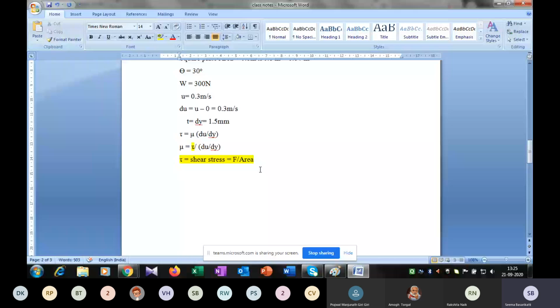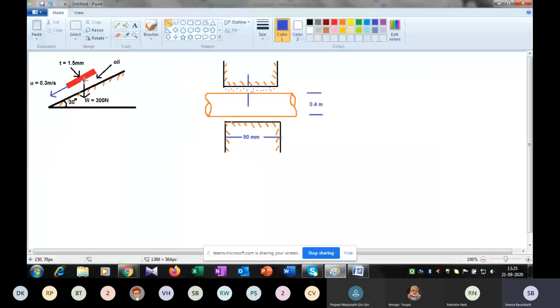Okay. So now in this particular diagram, the weight is acting in the vertical downward direction. When you are going to resolve this force in the direction of the velocity, I am going to resolve this weight in the horizontal direction, towards the direction of the velocity.